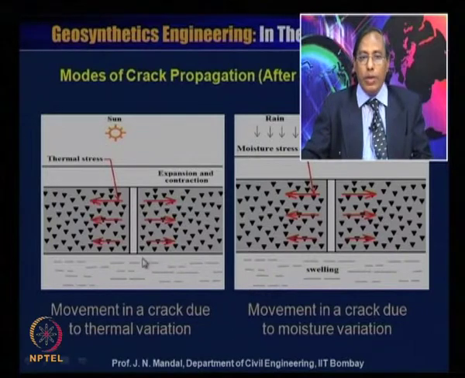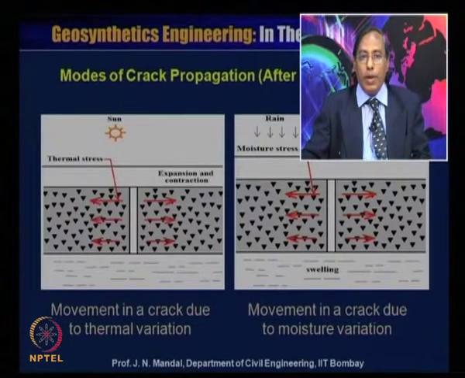So, here you see the movement in a crack due to the thermal variation, or due to the rain, when there will be moisture stress. So, you can see the movement in a crack due to the moisture variation. First of all, you have to think about the cause for the mode of the crack and how it propagates.